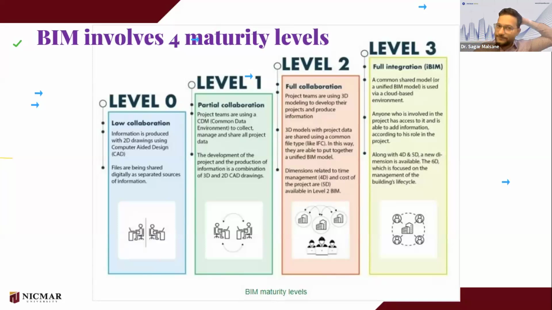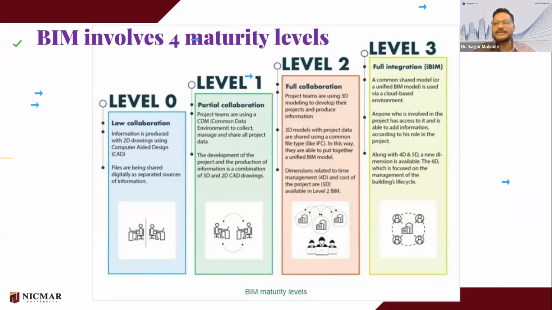But if the project is having a level 3 maturity, that means they are having full integration. That means they are using a common data environment for exchange of information. They are exchanging information through a cloud-based environment. So not only 5D, but now in level 3, it is expected that they are going up to 6D, that means sustainability and energy analysis. They are incorporating sustainability at the model authoring stage.